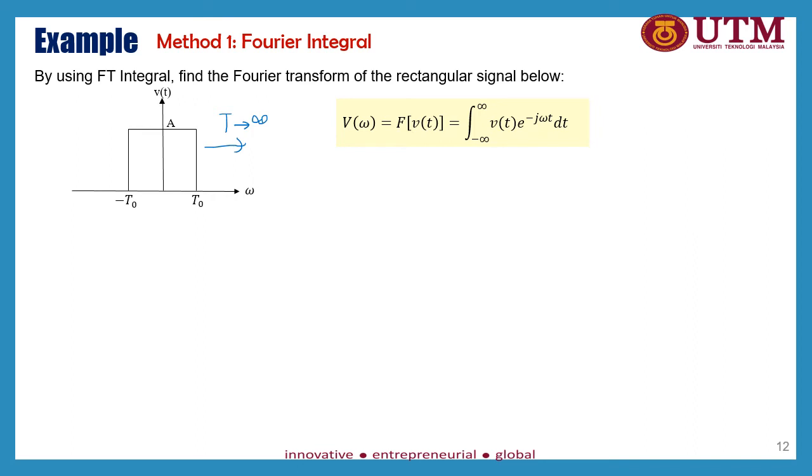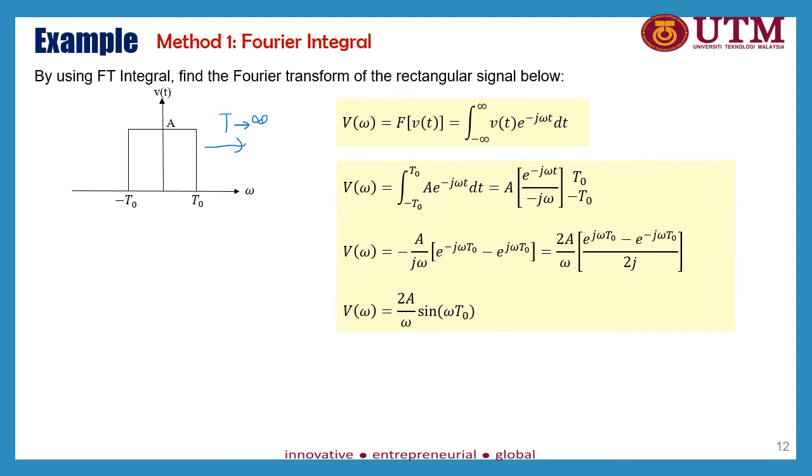In this case, v(t) is the rectangular function with magnitude A. So this is your v(t). Perform the integration from minus t0 to t0. After integration, you'll get this V(omega). So this is the Fourier transform of the rectangular signal.